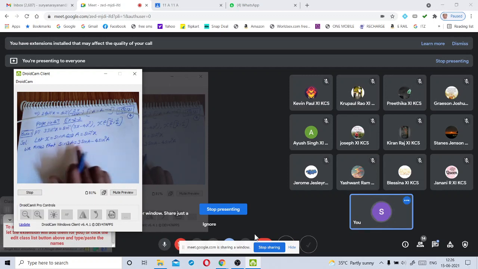Sine 3a is equal to 3 sine a minus 4 sine cube a. Okay, my dear children, this is already learnt in the first year. Sine 3a formula. Please remember this trigonometric identity. Sine 3a is equal to 3 sine a minus 4 sine cube a.